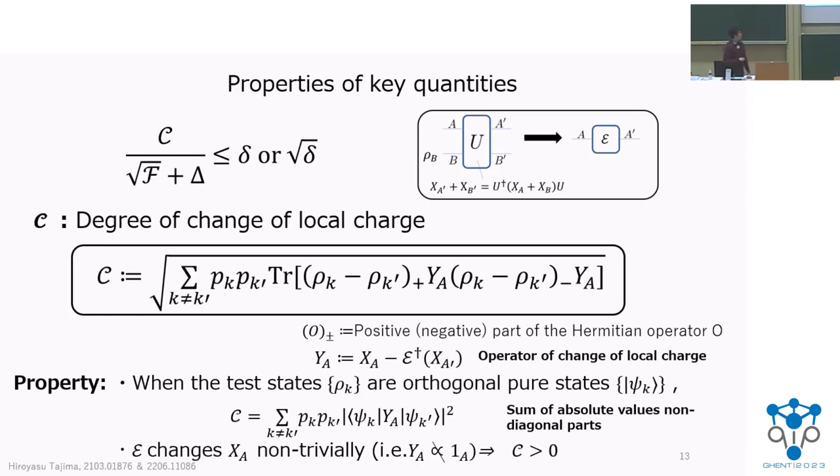And the second property is when E changes X_A non-trivially, I mean when the change of X_A is not just a shift of the origin, then it is strictly larger than 0. So we can interpret it as the degree of change of local charge.